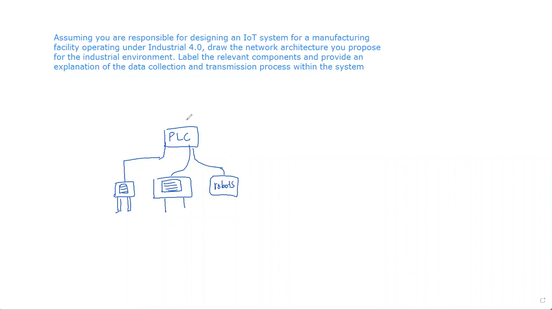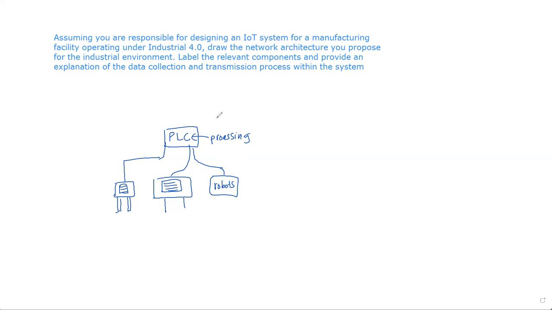All this data will be processed in the PLC, which will be a kind of embedded system that processes the data. So it is the unit that acts as the controller and the data processing unit.